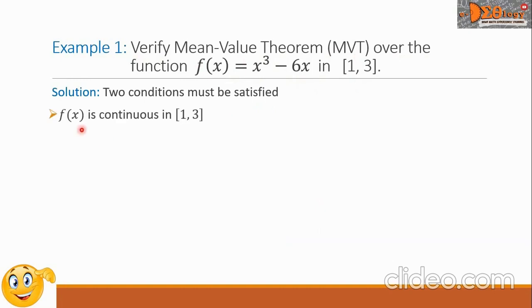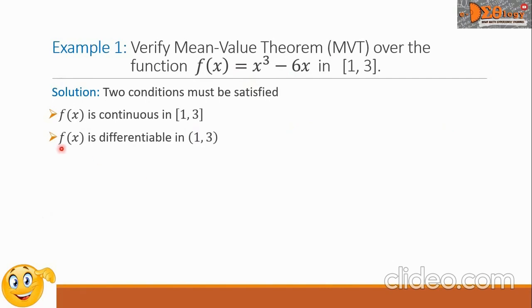The first condition here, f of x is continuous in the closed interval from 1 to 3. We can see here that our function is a polynomial function, and we know that polynomial function is continuous. So we conclude that this f of x is continuous in the closed interval from 1 to 3.